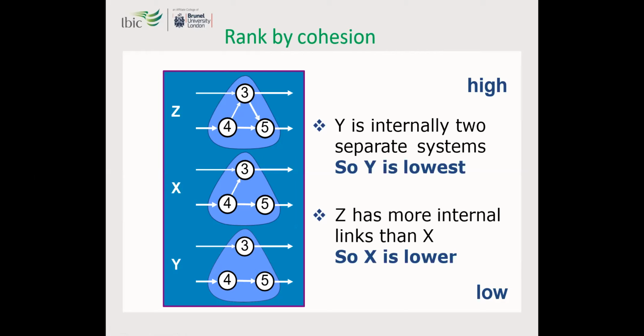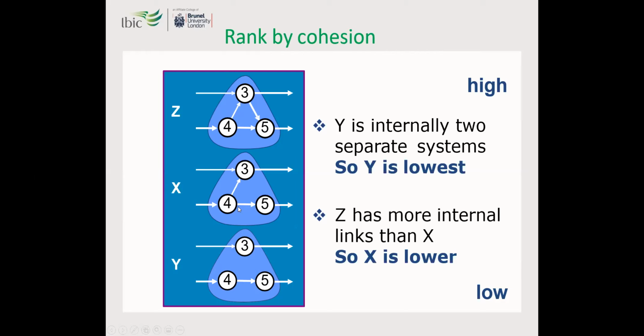If it's low, it's not good. So based on this, we already know that Y is the lowest. Why? Because there is less link among these components.